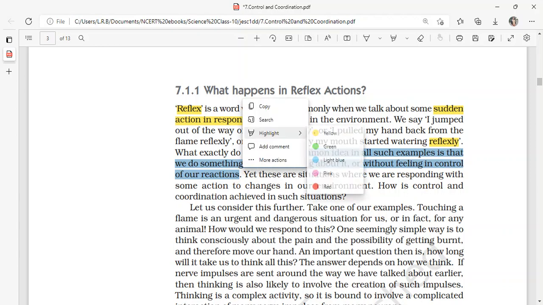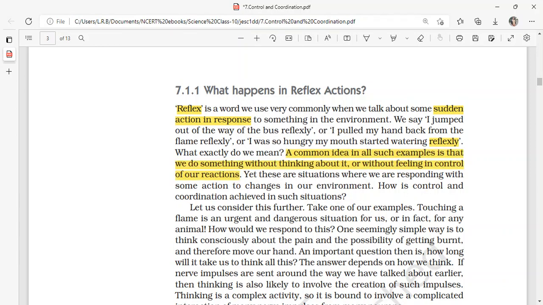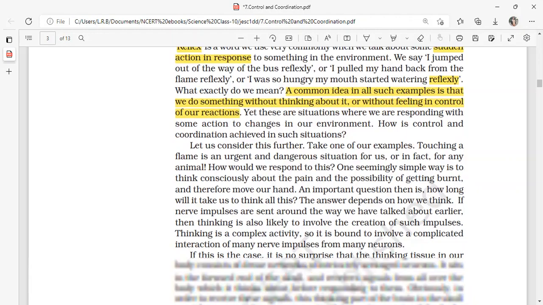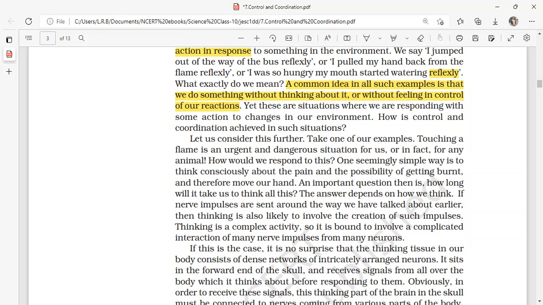It happens unintentionally or involuntarily. Yet, these are situations where we are responding with some action to changes in our environment. How is control and coordination achieved in such situations? Let us consider this further.